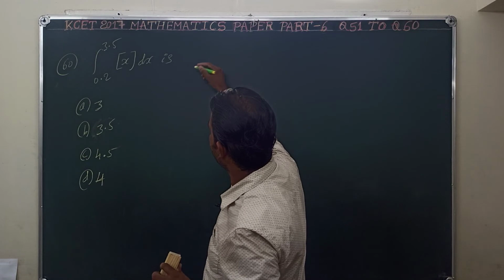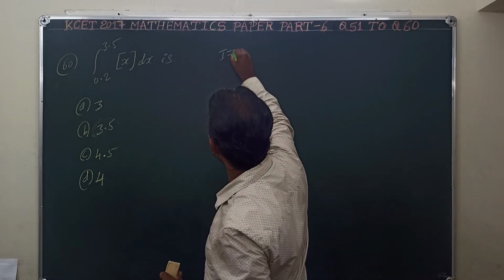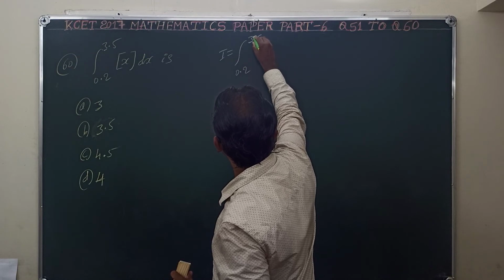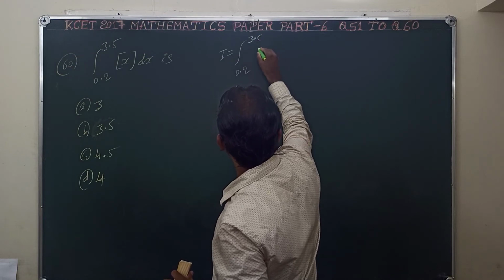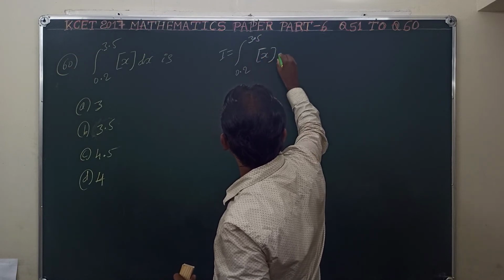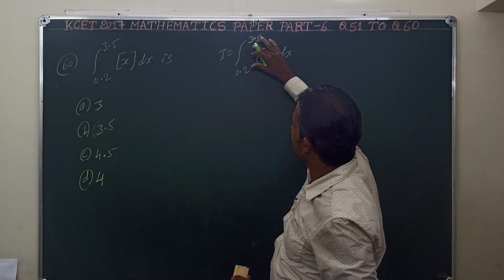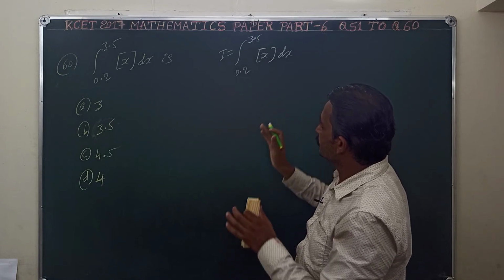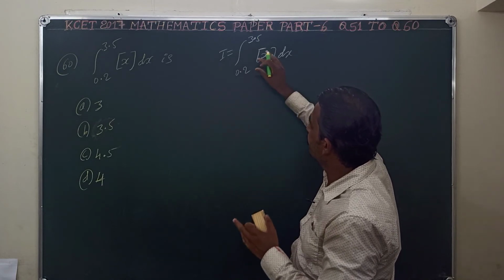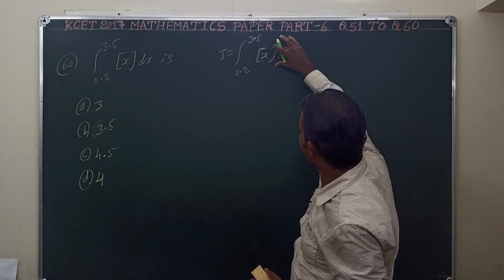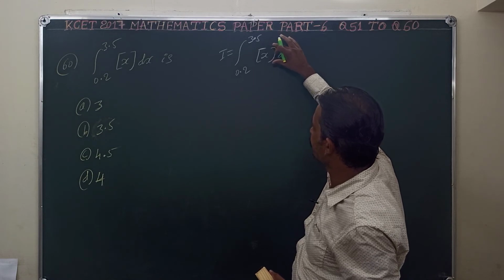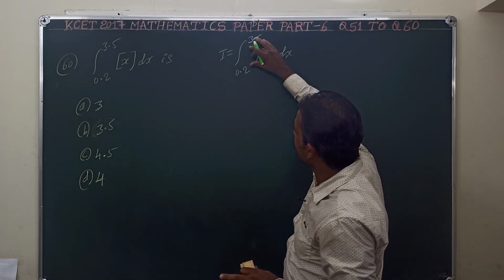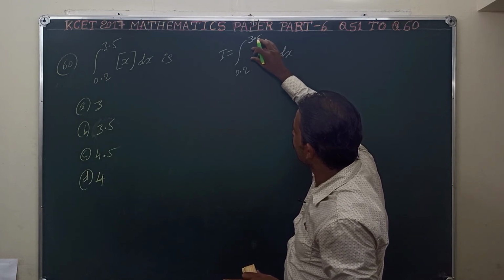In this case take I is equal to integration from 0.2 to 3.5 of the greatest integer function dx. So this interval is split, this interval 0.2 to 3.5 is split at every integer point between them, because the greatest integer function has different values at every integer between any 2 integral points.